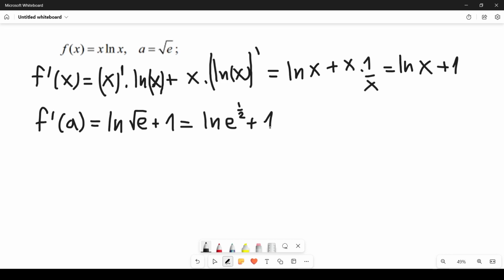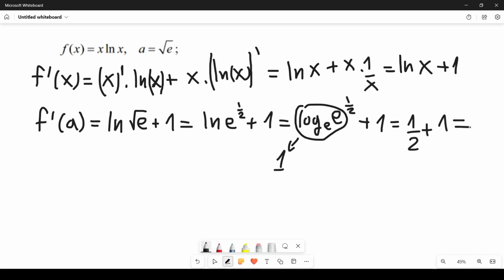And now the natural logarithm, as we know it, is just basically the logarithm with base e, and now we can just write the full version of the natural logarithm, log in the base e, of e to the power of 1/2, plus 1, and this here is just 1, and if that is 1, then we can just write the power here as a number, which is the value of the logarithm, which is 1/2 plus 1, which is 3 over 2 or 1.5.